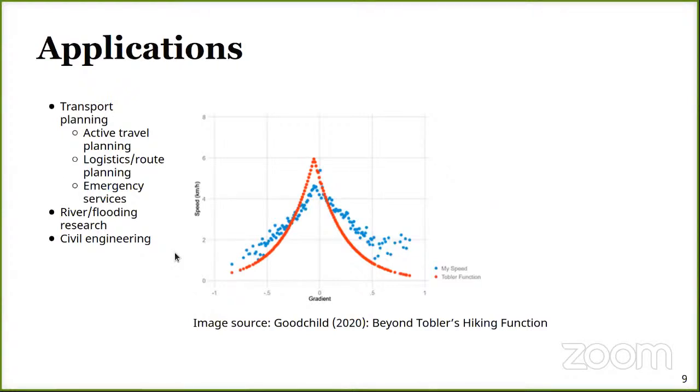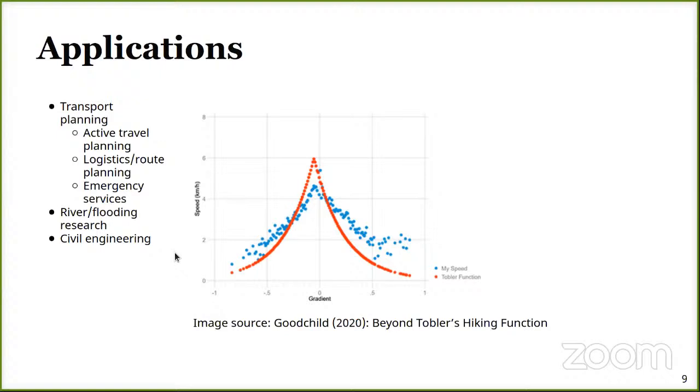So in terms of applications, yeah, transport planning can make a lot of use of slope data. Obviously, there are many attributes on road segments. What kind of road is it? How wide is the road? But slope can inform many aspects of transport planning, especially active travel planning, but also logistics.